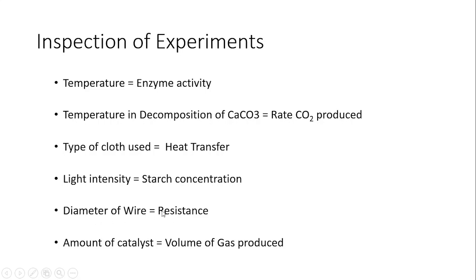Then, diameter of the wire and resistance: you would measure resistance, and the diameter of the wire is the independent variable in this case. This is the dependent variable. Volume of gas, again similar to this experiment, with the amount of catalyst: if you increase the catalyst, you would increase the volume of gas produced. So they're directly proportional.